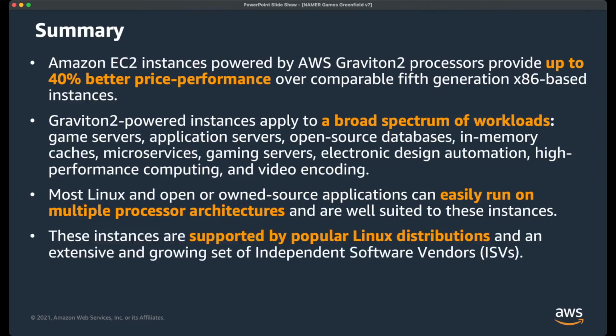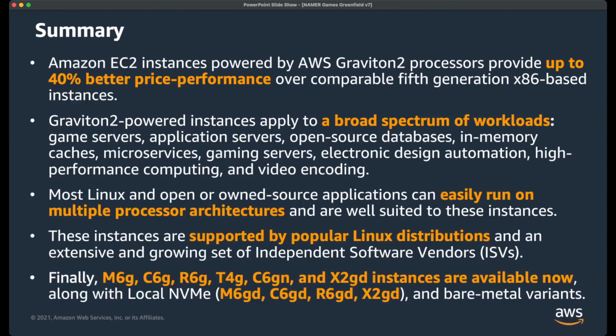So these instances are supported by pretty much every popular Linux distribution you would expect to run in the cloud, commercial distributions as well as community distributions. There's also an extensive and growing set of independent software vendors who have support for Graviton2. And finally, all of these instances are available now.